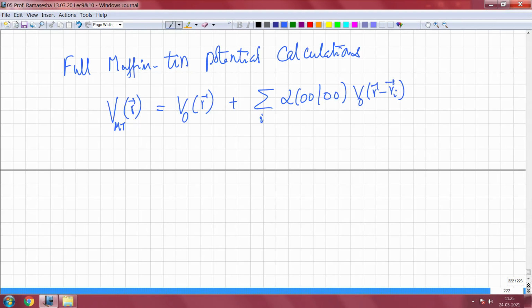So what we took here was only the L equal to 0, M equal to 0 components. So we are throwing away the contribution of the higher spherical harmonics to the potential at a particular center.